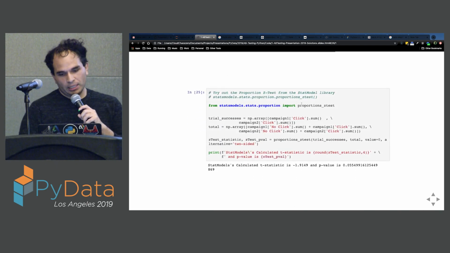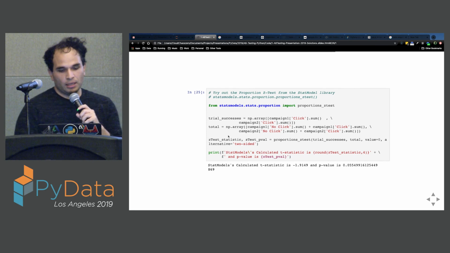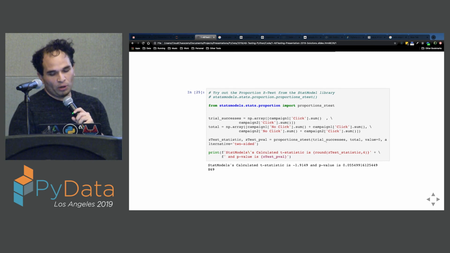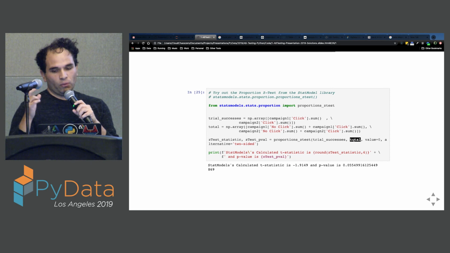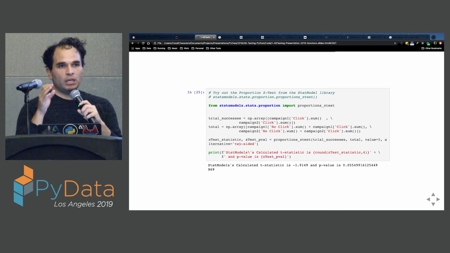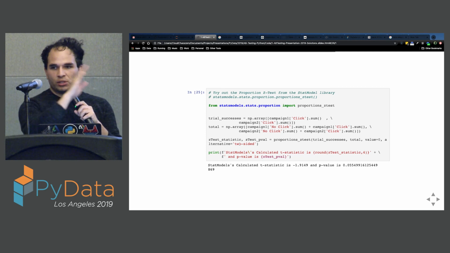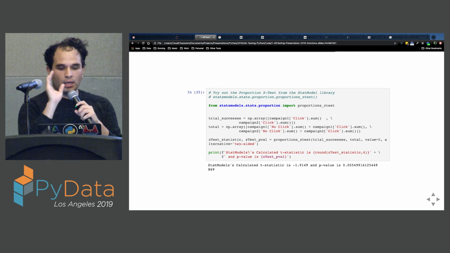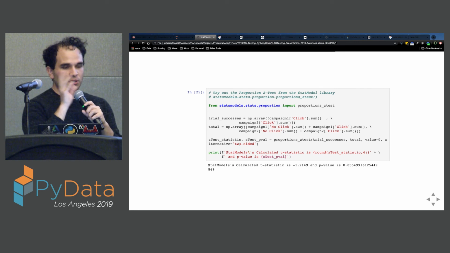But here we'll be utilizing the proportion z-test in the calculation from our two data frames, getting the total number of trial successes, the total number of occurrences for the clicks and no clicks, the value that we want to compare to, in this case 0, and then what permutation we need to make in our initial statement of hypothesis. There were two one-sided statements of hypothesis, and then there was the two-sided case.